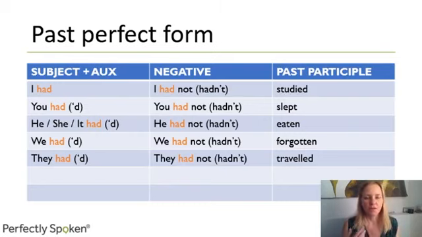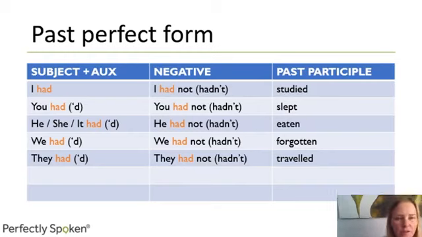Remember, the past participle of regular verbs is the same: want, wanted, listen, listened, talk, talked, travel, travelled, like, liked, work, worked, walk, walked, watch, watched. Watched, one of my favourite words in English.